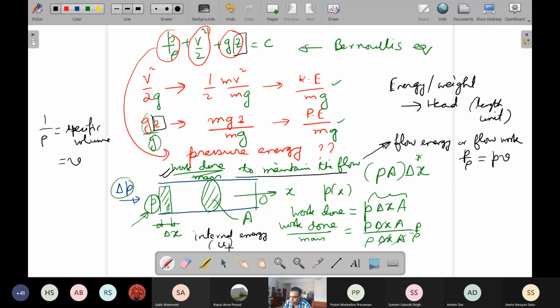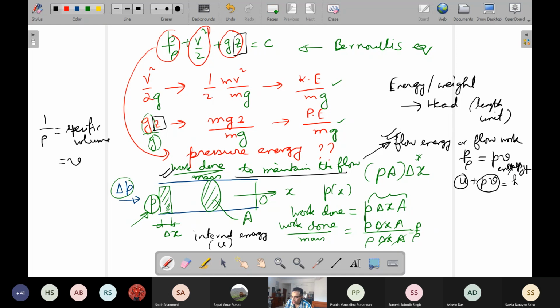But when the system is flowing, the thermal energy is not just this one, but in addition the flow energy or flow work, because that is what is enabling the fluid to sustain the motion. In that way, you have to add PV, the flow energy or flow work, to the internal energy, and this is known as enthalpy.